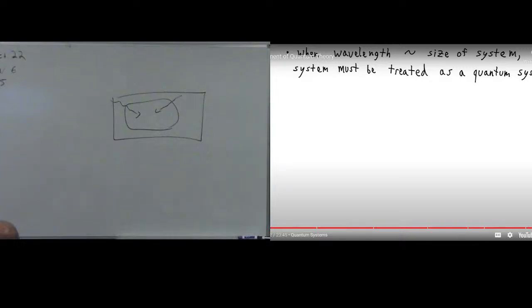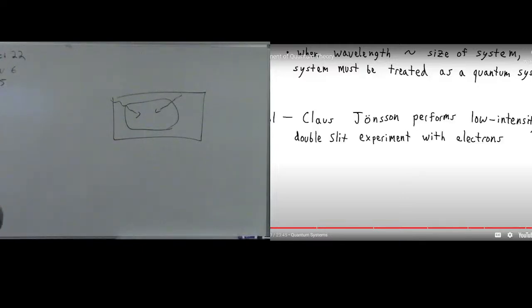But electrons, we just found out that the electron for a hydrogen atom has a wavelength several times larger than the atom itself. So definitely we have to treat that as a quantum object. And in fact, what if we were to subject electrons to the same kind of test that we've been considering on photons? Well, in 1961, Klaus Jönsson did this. He performed the low-intensity double slit experiment, where we're sending one particle at a time through the slits, with electrons.